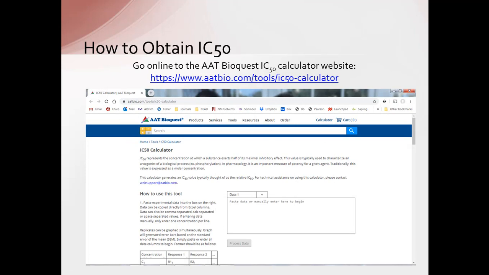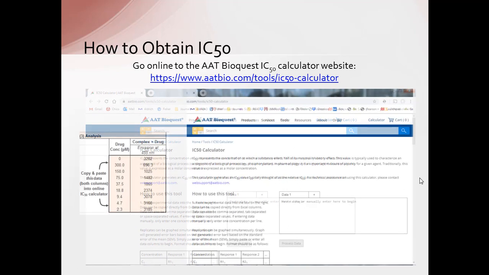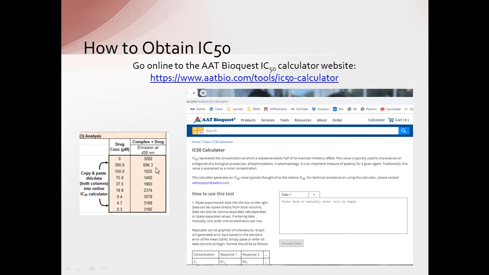But from here, you just need to go online to this IC50 Calculator website. Okay, this website's provided on Blackboard, and when you go there, it should look like this. And so what you're going to do is you're going to take your data from your HB Drugs Excel sheet, the highlighted portions in peach or orange. Just copy and paste both columns of data right from your Excel sheet into the website here in this Data 1 window.